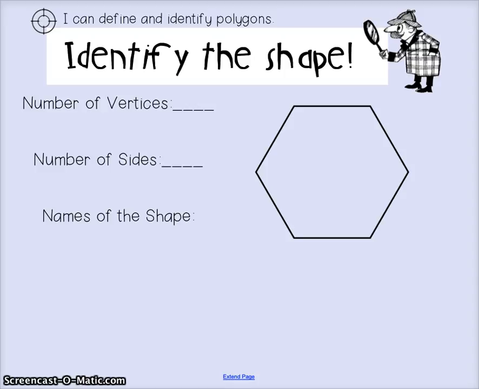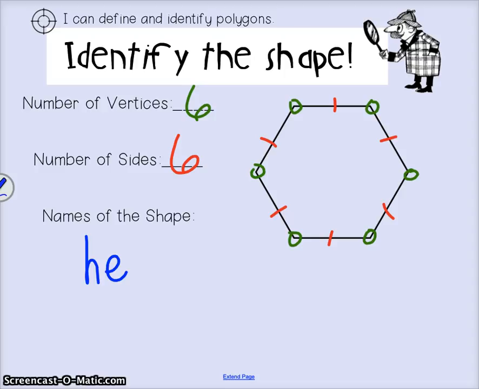What about this one? Six vertices. 6 sides connecting the vertices. The name of this shape is a, think carefully, hexagon.